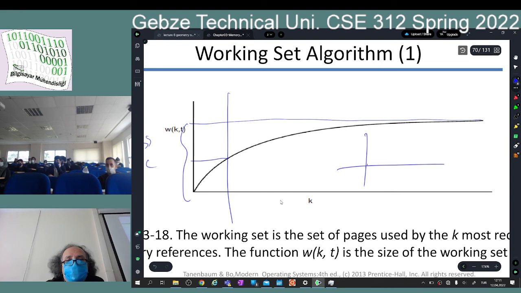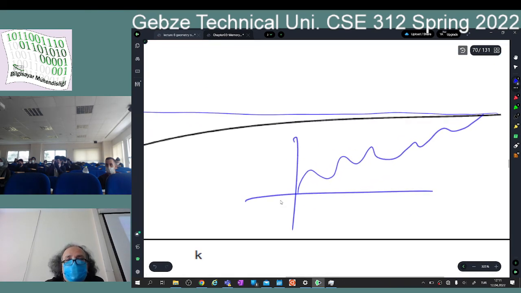If I had a function like that, choosing this k over this k has some consequences, because their values are very, very different. By moving to the left or to the right a little bit, your working set size changes a lot. This will not happen in this case. Why?